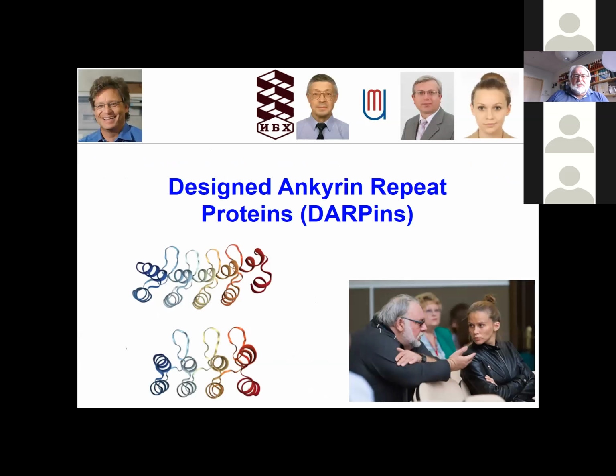Another scaffold is DARPin. That is very different in its nature. DARPin stands for designed ankyrin repeat protein, and the binder is assembled of 4 or 5 homologous repeats, each containing 2 alpha helices and 1 loop.